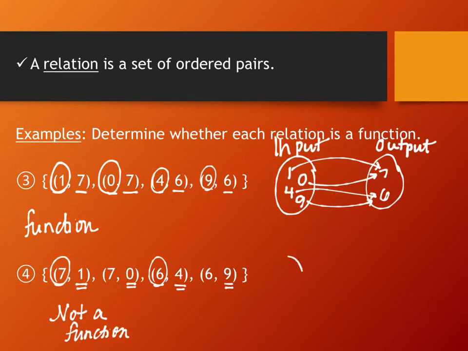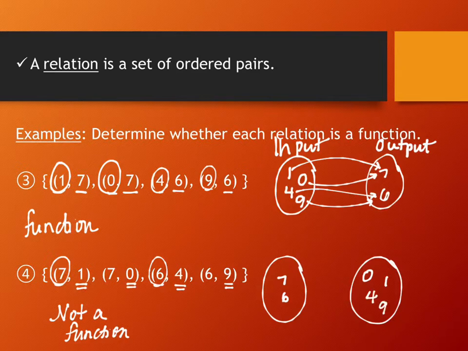If you try this process again with the second example, which is actually just the flip of the first one, the inputs are just 7 and 6. My outputs are 0 and 1 and 4 and 9. The number 7 goes to the number 0 and it goes to the number 1.